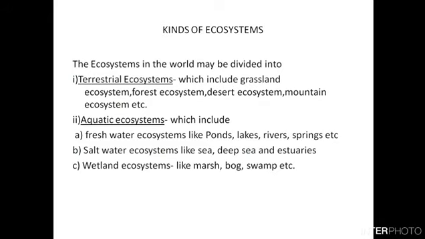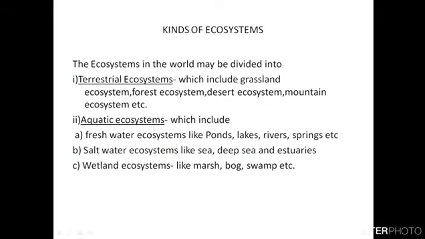When you take the aquatic part, or the water part, the aquatic ecosystems can be divided into freshwater ecosystems, where there will be fresh water in the ponds. So it's going to be pond ecosystems, lakes, rivers, and springs. All of these have fresh water, so they come under the freshwater ecosystems.